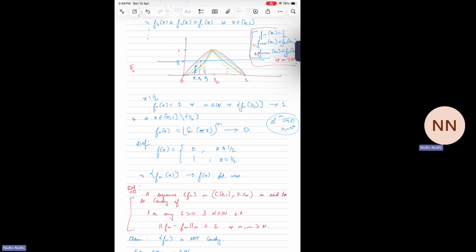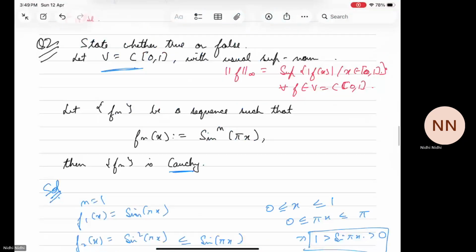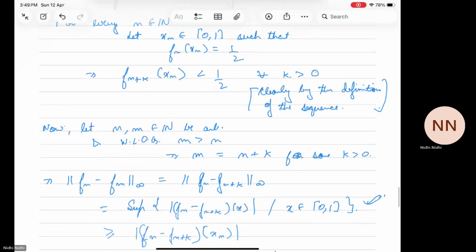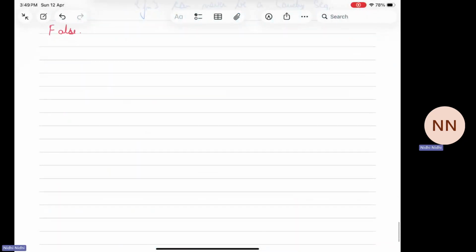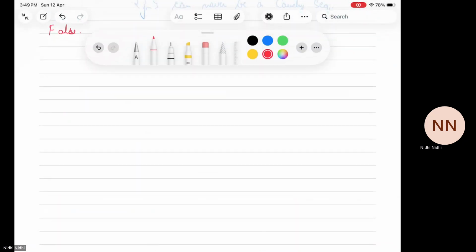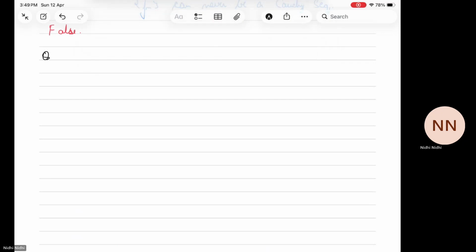Okay, so if there is no doubt, let's move ahead. Question number 3. Now let V be the space of all continuous functions defined on the closed interval 0 to 1 with some other norm.